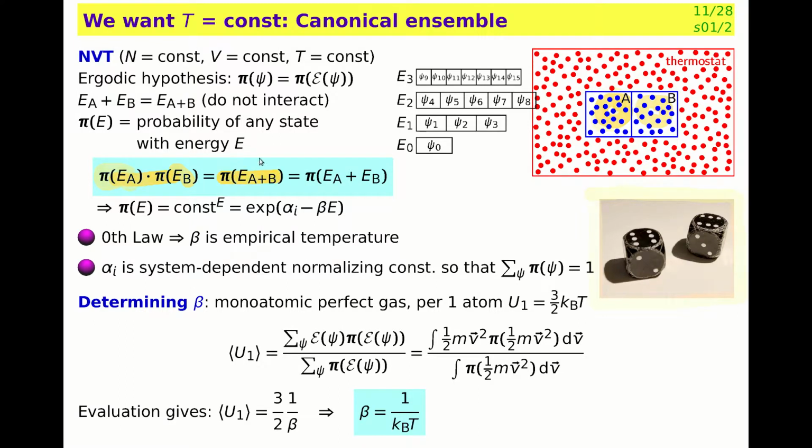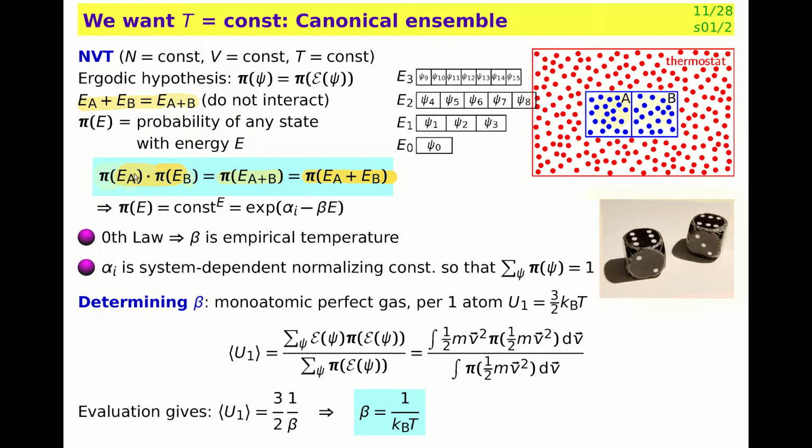I can write it like this. If the subsystems do not interact, the energy is a sum of them. I will assume this. That is, this product of probabilities is the probability of a sum of these 2 energies.